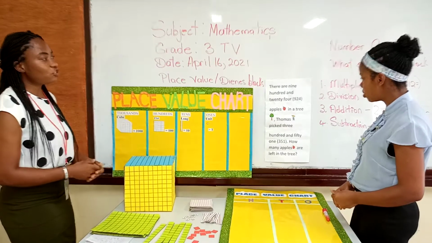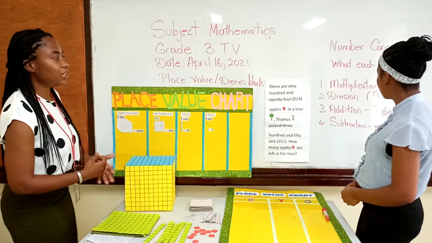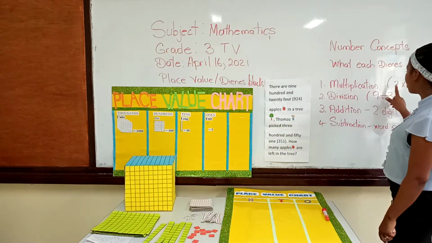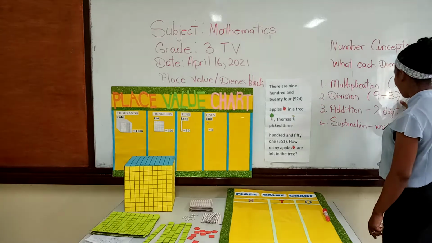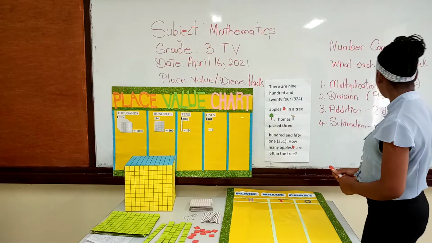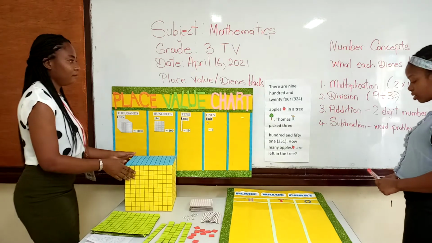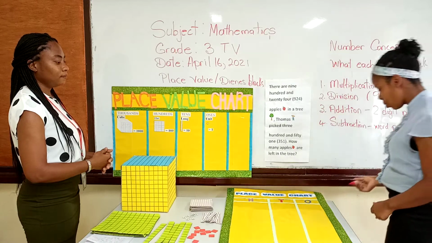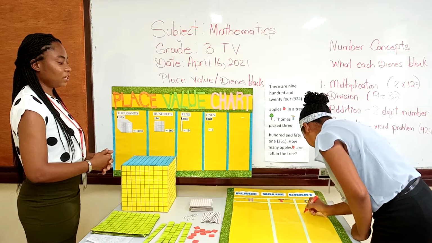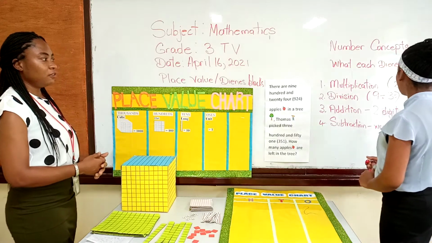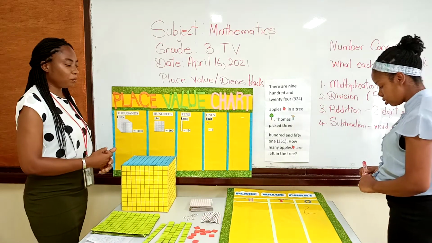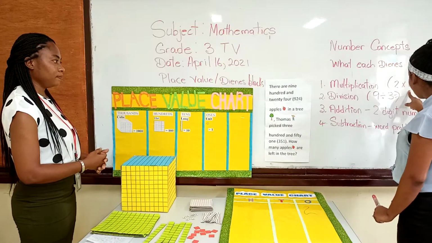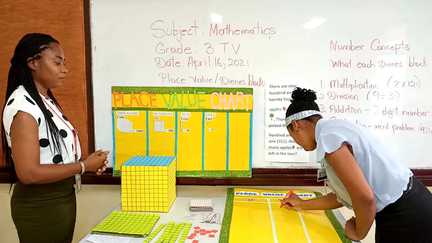First, let us jump into the multiplication concept. We're going to multiply 2 times 12. If we are going to use any digits, we look at the last digit first and place it on the ones column, which is the digit 2. Then we use the first digit in number 12 to go on the tens column.